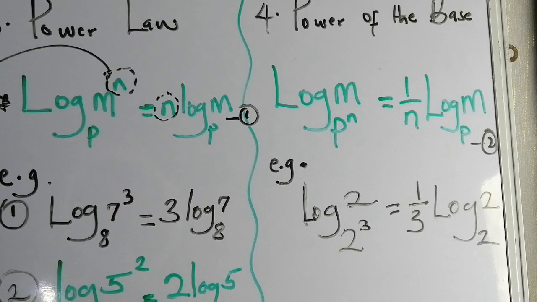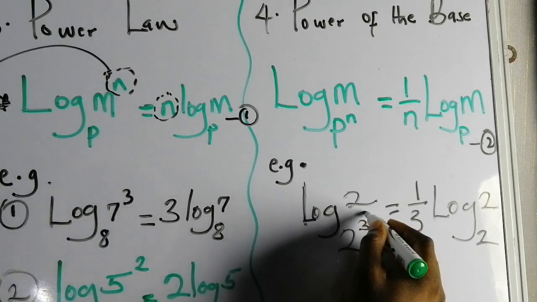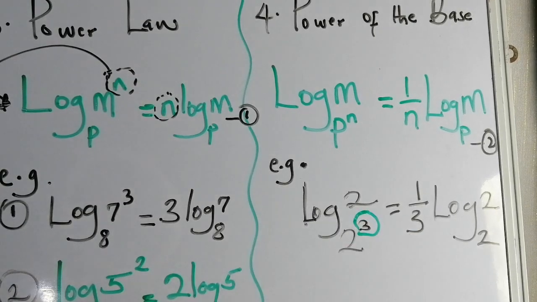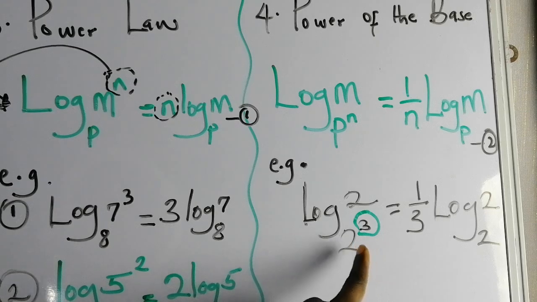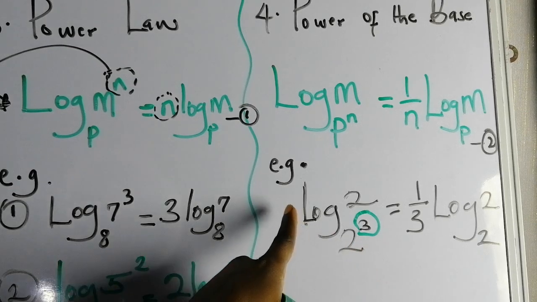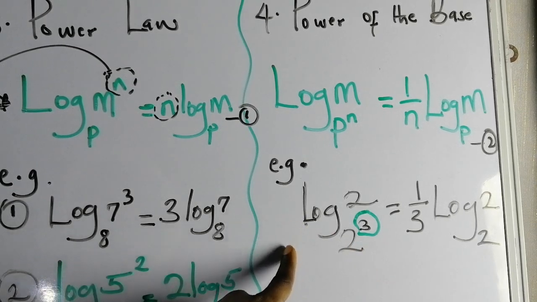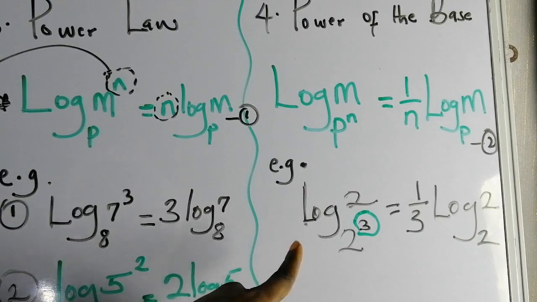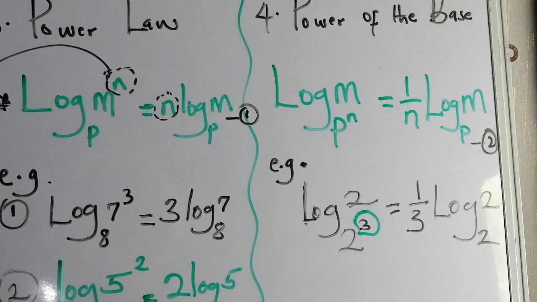If you look at this very well, this is my 3 here. From my 3 here, I've moved it to the back of the logarithm. But when moving it to the back of the logarithm, it should be inverse, that is 1 over 3. So that's 1 over 3 log 2 base 2.